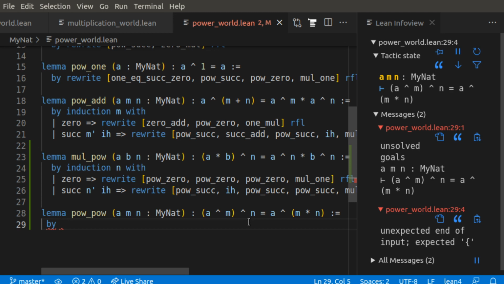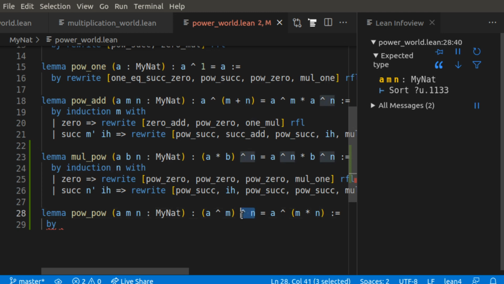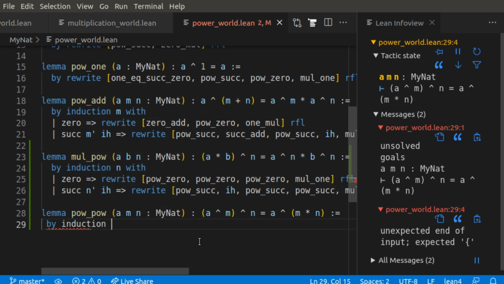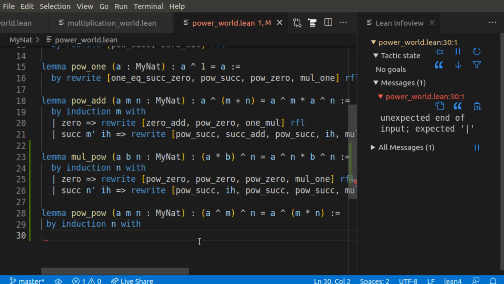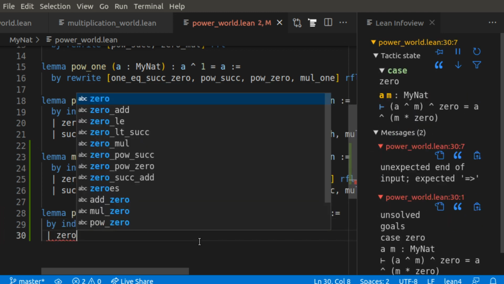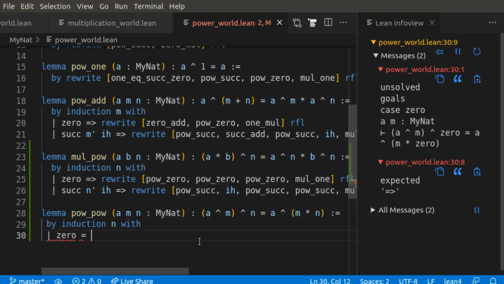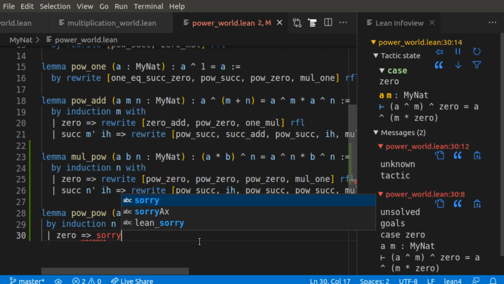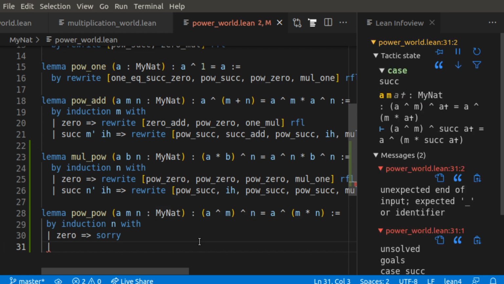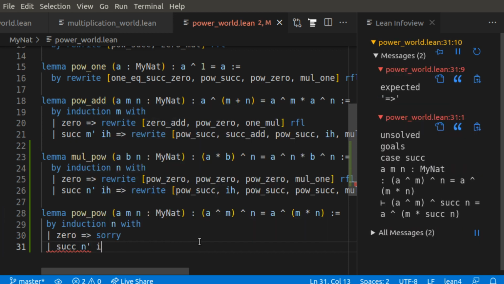I can see induction on A, induction on M, induction on N. I think N looks most promising because N's on the outside here. Induction N with 0. We'll do that later. In the case of successor N prime, the hypothesis.